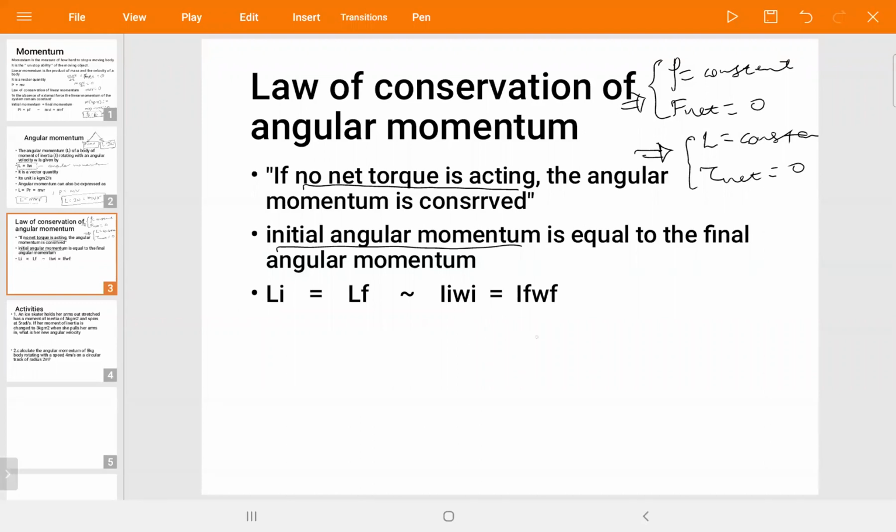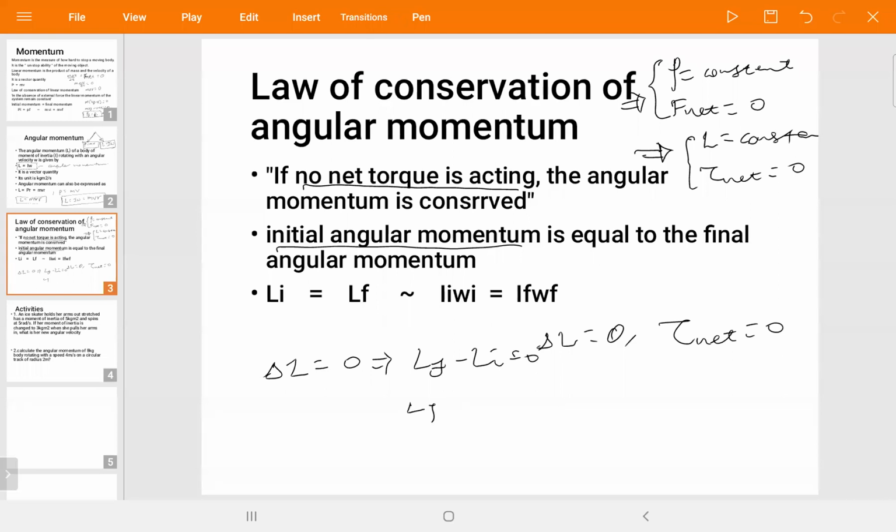Or we can say the change in angular momentum is zero if the net torque becomes zero. If the change in angular momentum is zero, this can be expressed as angular momentum final minus angular momentum initial is zero.